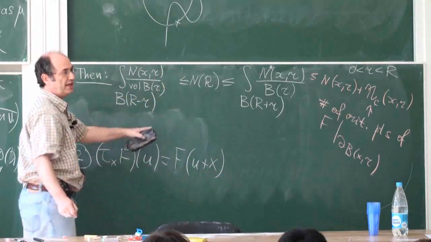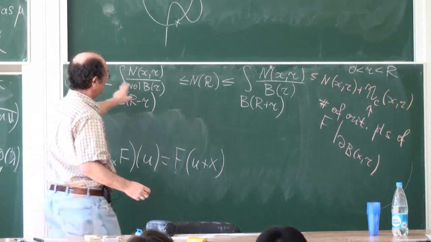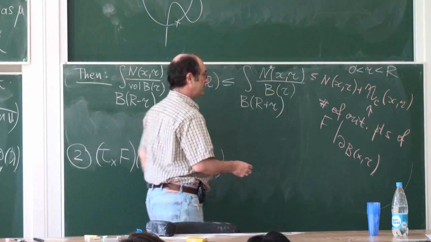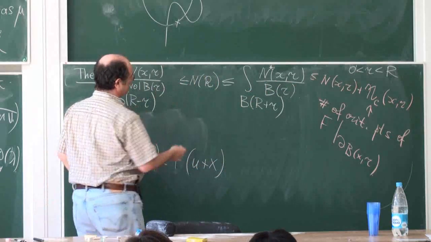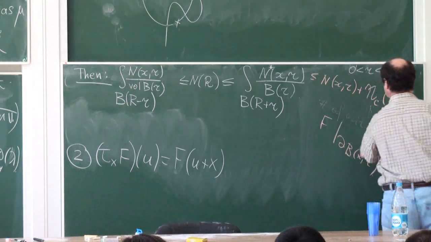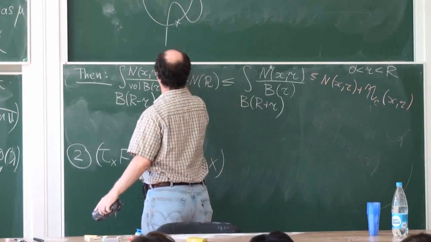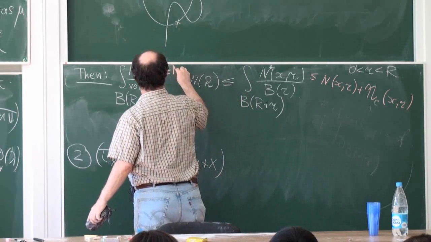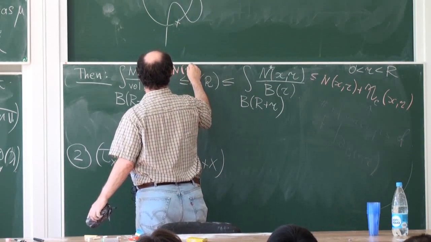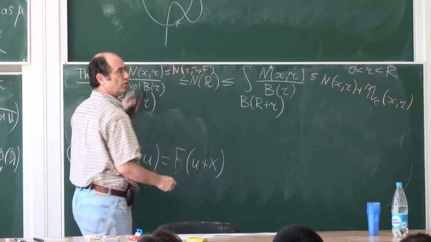This is a shift acting on our functions. So now we can rewrite these two guys in the following way. So instead of n of xr, I may write n of r, but applied to the shifted function, n of small r.